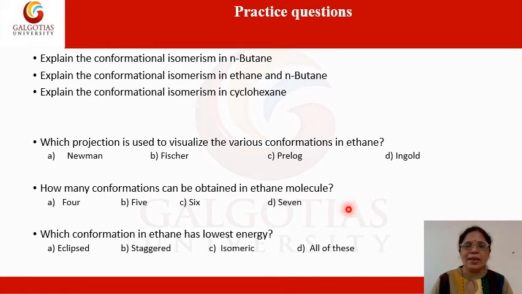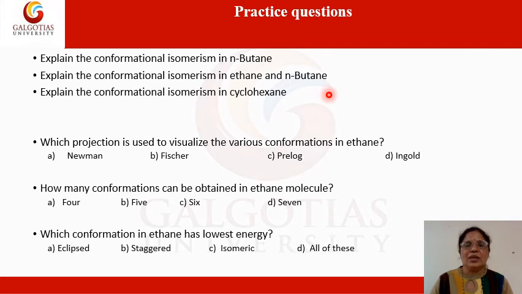We have seen in case of ethane, we got 6 different conformations, that is 3 eclipsed and 3 staggered conformations. In case of butane also we got 6 conformations, of which 3 eclipsed and 3 staggered conformations.